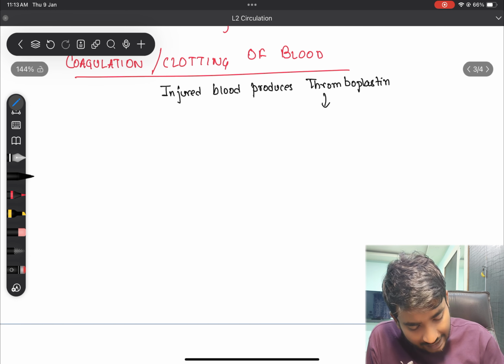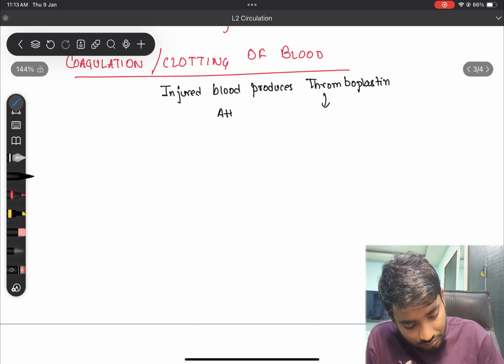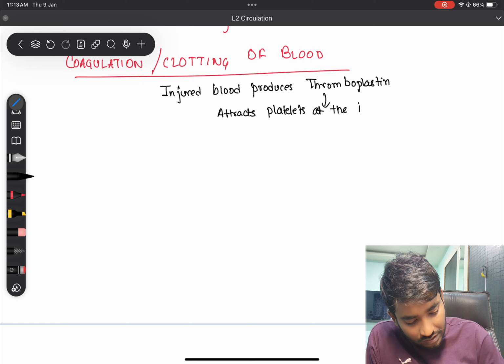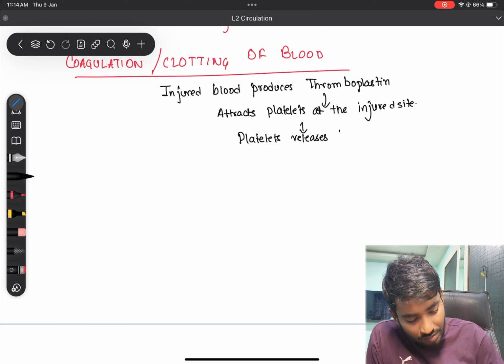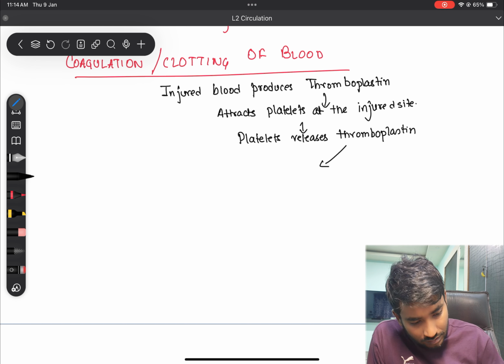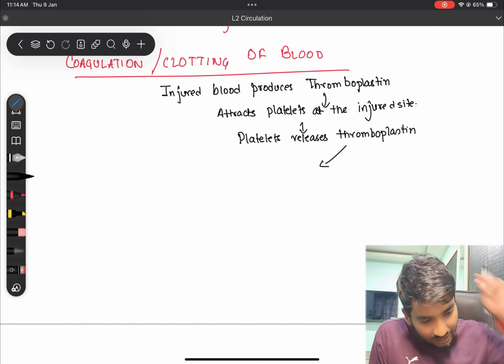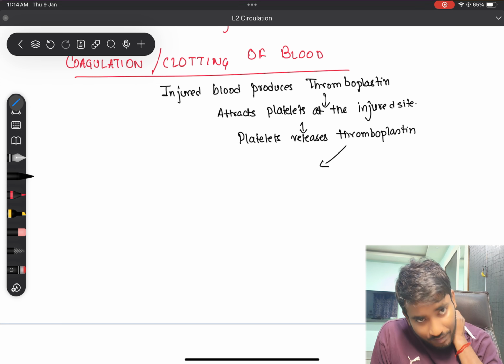This thromboplastin attracts platelets at the injured site. Platelets release thromboplastin. So through a cascade of reactions, an enzyme complex is formed.